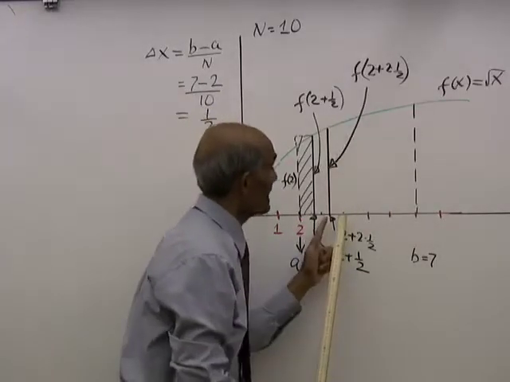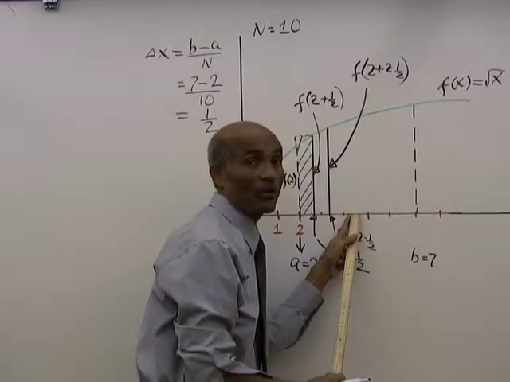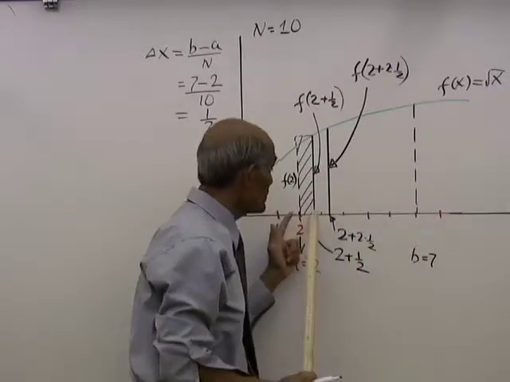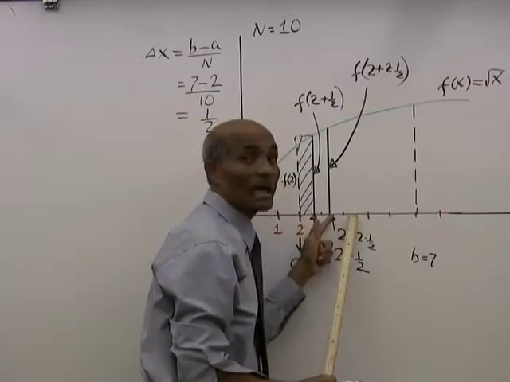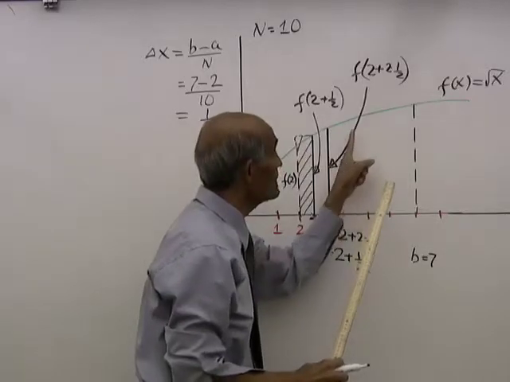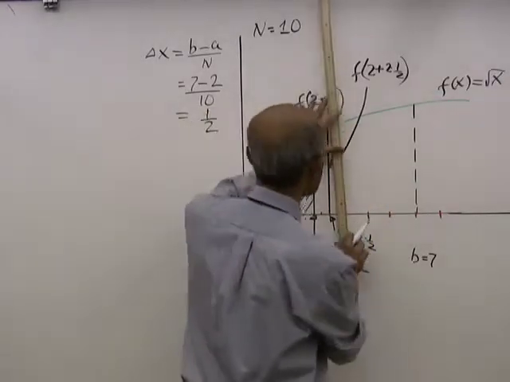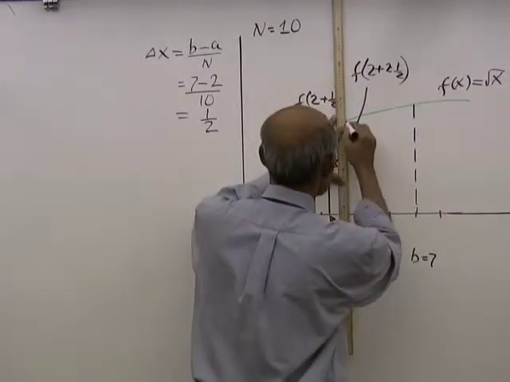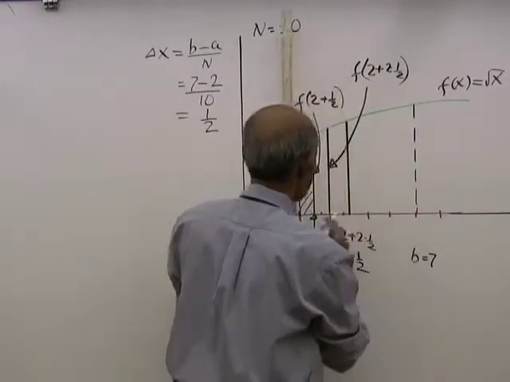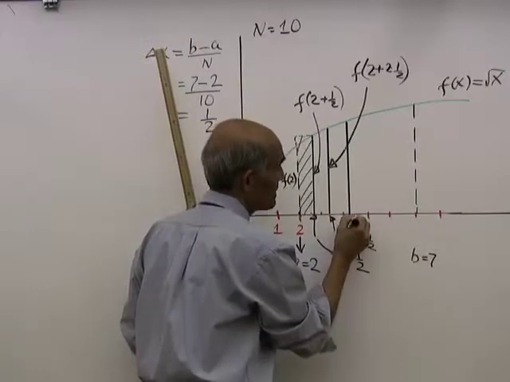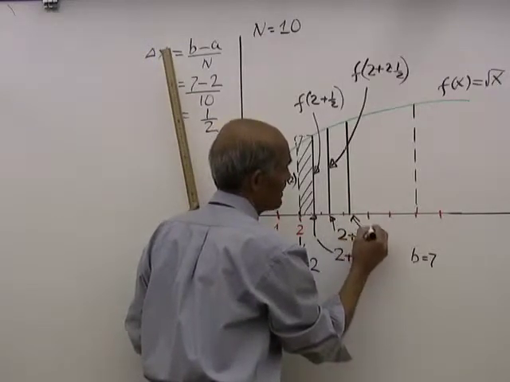Now, if I go to the third rectangle, remember the width of each rectangle is 1/2. Can you tell me what will be the right side of the third rectangle? If I draw the third rectangle, what will be the x value?